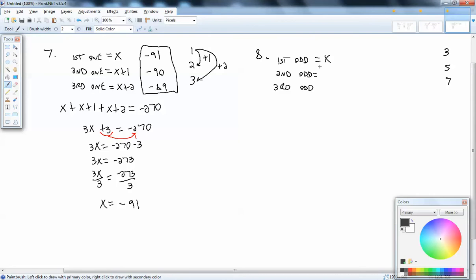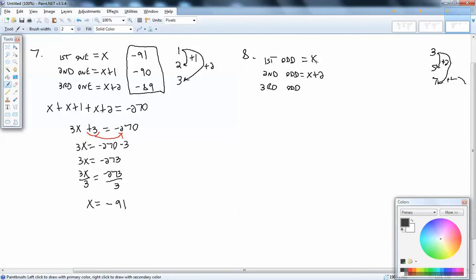Now we're going from our first one to our second one. So you think, what did I do over here? I went from 3 to 5. We added 2. So if we're going from here to here, we add 2. Now going from the 3 to the 7, we added 4. So going from this first one to the last one, we're going to add 4.